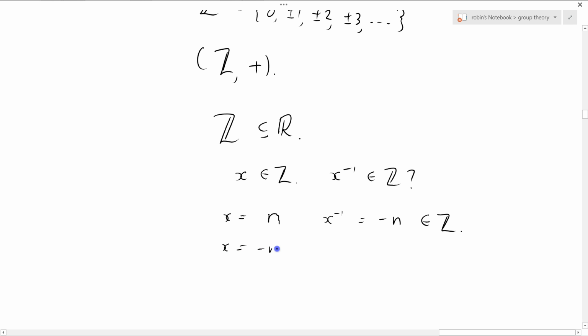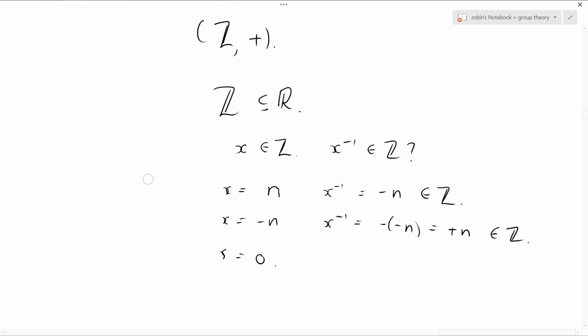If x equals minus n, then x^-1 equals minus minus n, which is of course equal to plus n, which is also a member of Z. And the other one is x equals 0, I guess, in which case x^-1 equals 0 as well.